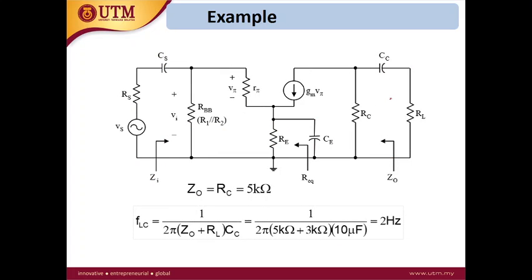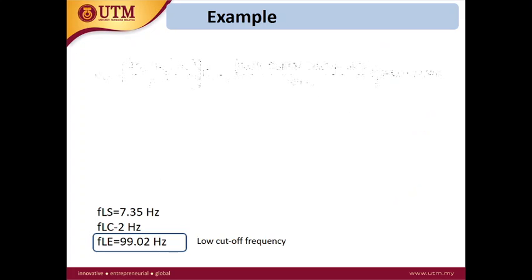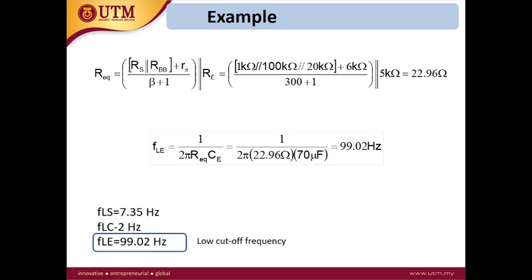Okay, so next we consider only the output port. At the output port, the total resistance is Zout plus RL, and the capacitor is only CC, so we get 2 Hz. And then the last one is when we consider only the bypass capacitor.